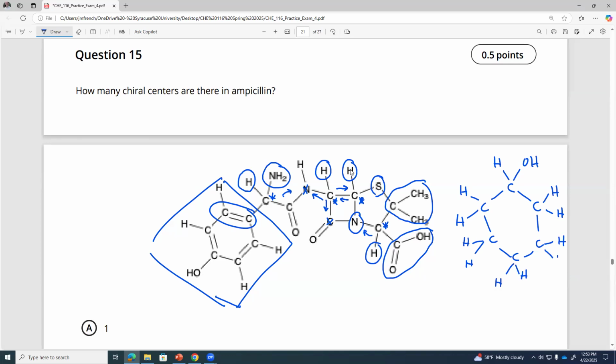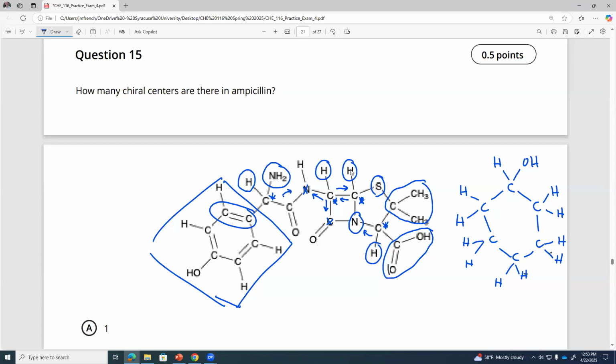So you might think this is chiral, right? But I've got an oxygen, I've got an alcohol, I've got a hydrogen. But then if we look to the left, carbon, 2 hydrogens, carbon, 2 hydrogens. So we keep going, carbon, 2 hydrogens, carbon, 2 hydrogens. We keep going, carbon, 2 hydrogens, carbon, 2 hydrogens.